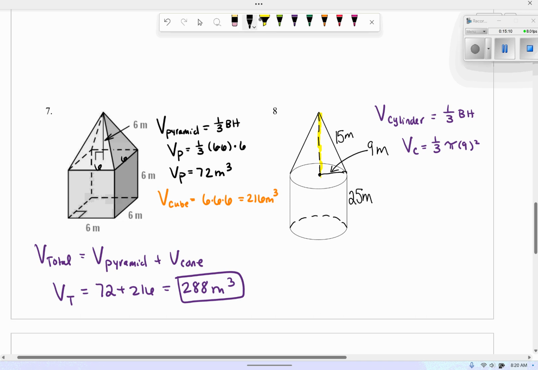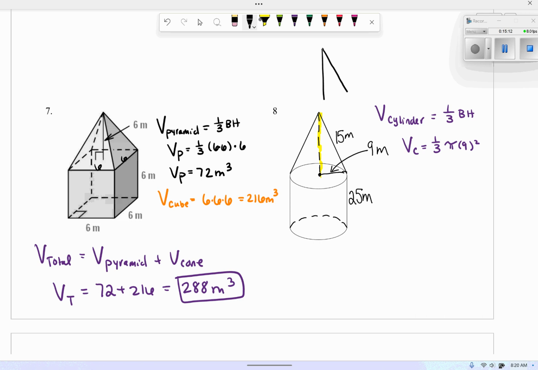So if we want to figure out the height, we can draw a triangle. This is 9, and this is 15, and we can solve for the height using the Pythagorean theorem. So we get h squared plus 9 squared equals 15 squared.